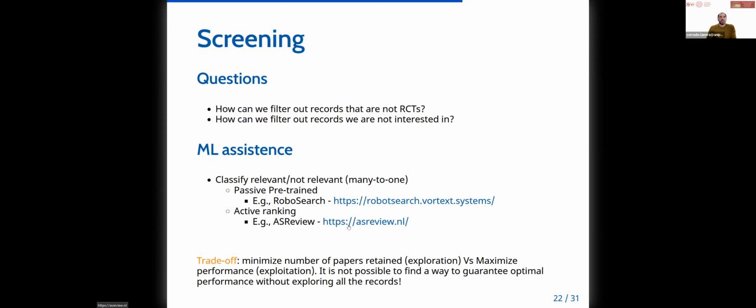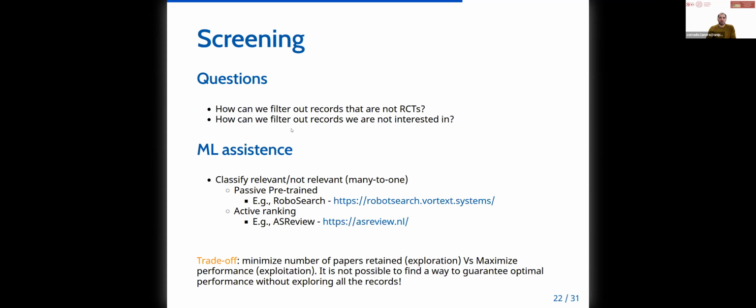And finally, in the screening phase, you could be interested in filtering out a specific general kind of records, something like, I am only interested in RCT records, so filter out everything else. Or you would like strategies to optimize your exploration of the records to select which are relevant and which are not.